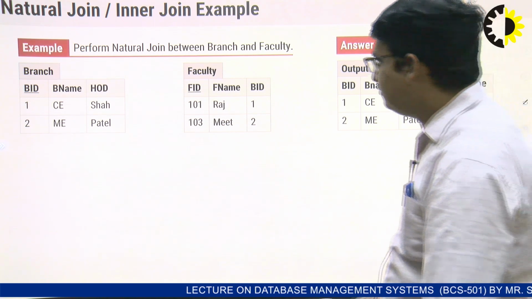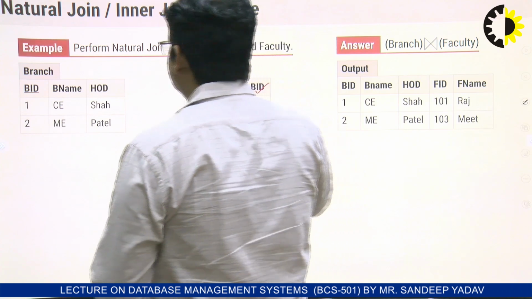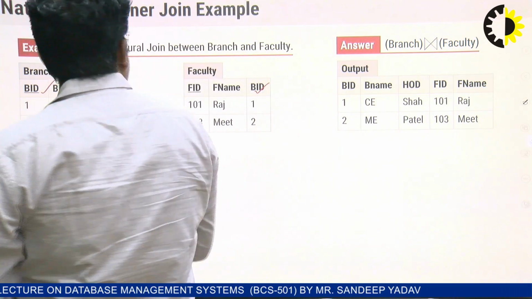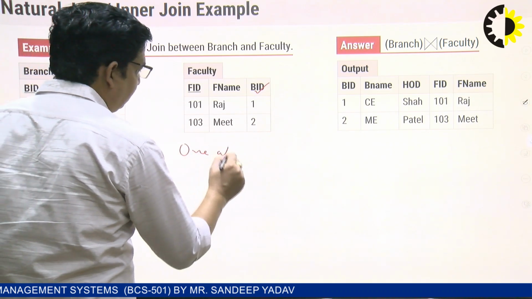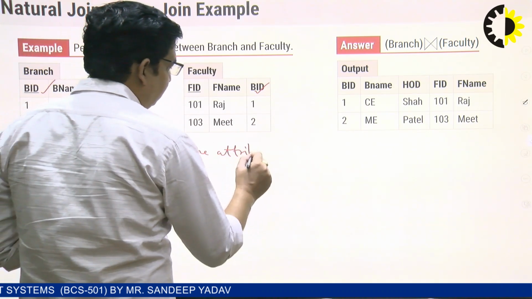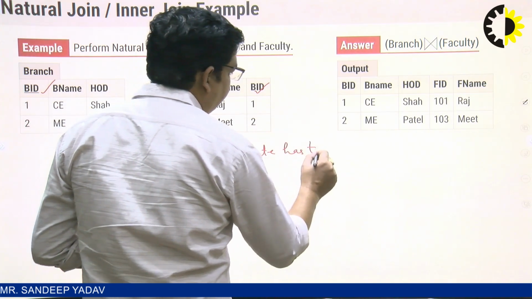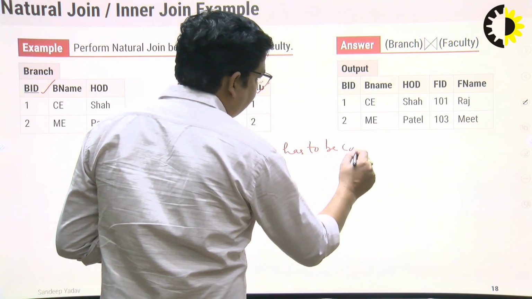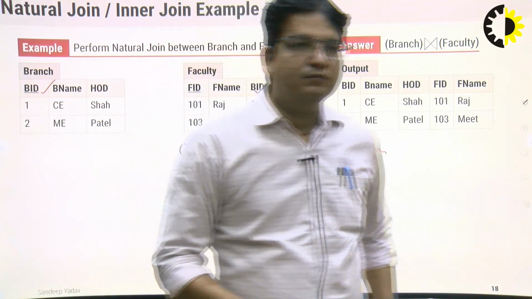This attribute is common in both of these relations, this one and this one. So one attribute has to be common.